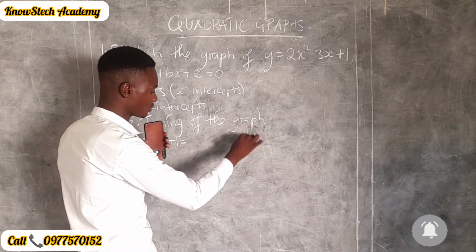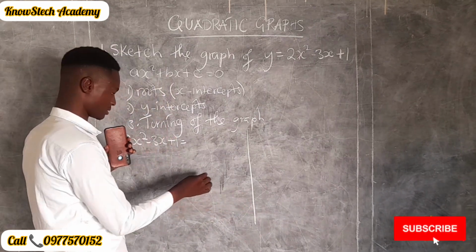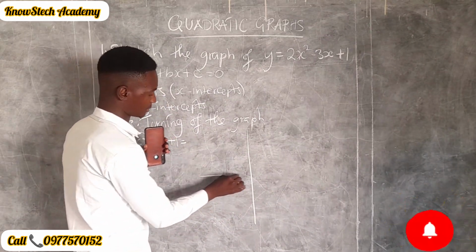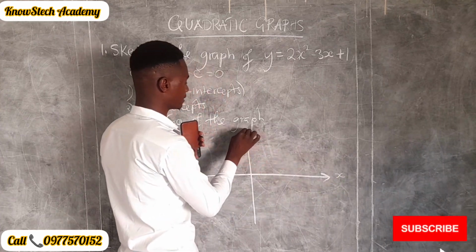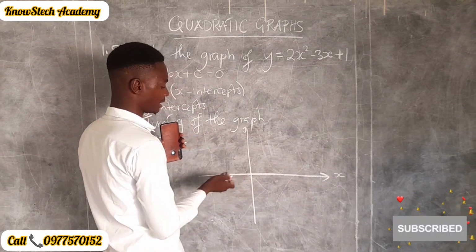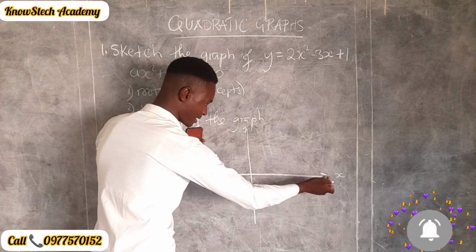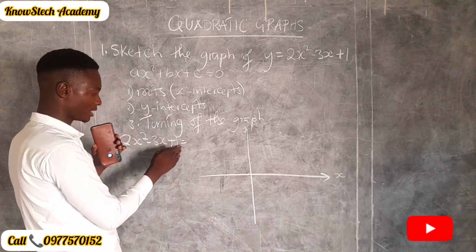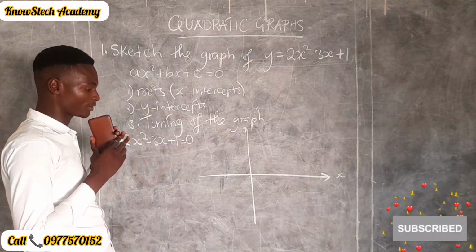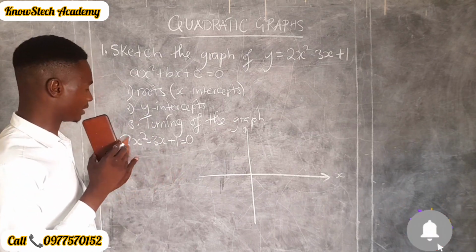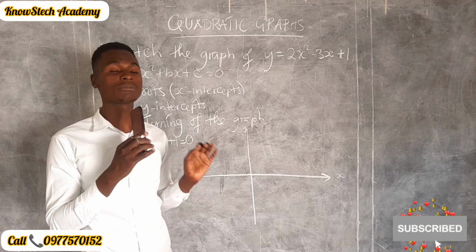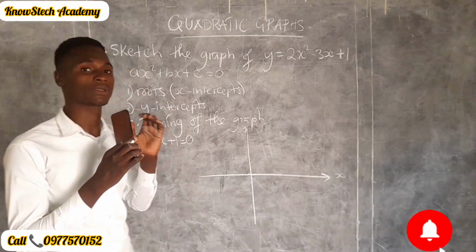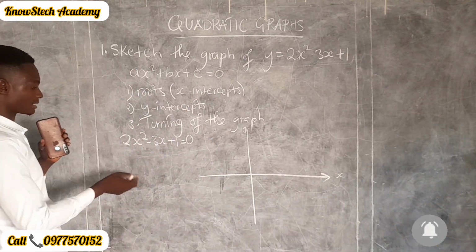Let me just draw this Cartesian plane. This is x and this is y. On the x-axis, the value of y is 0. So here we're going to substitute it with 0 because we want to find the roots or the x-intercepts. To find the x-intercepts, remember we factorize.